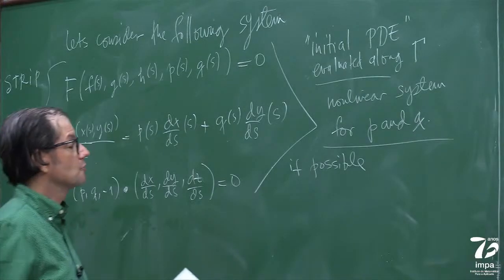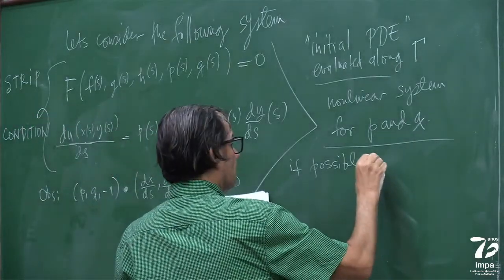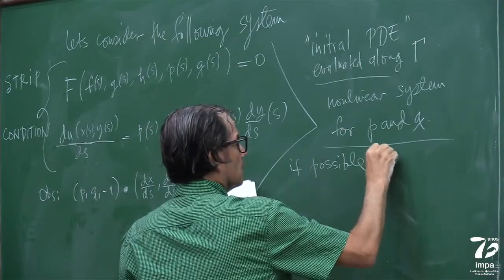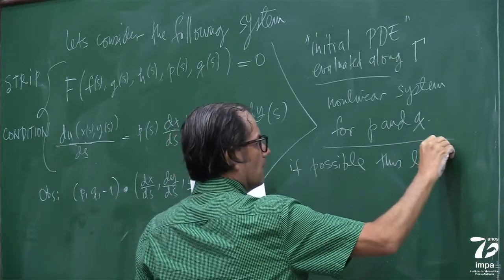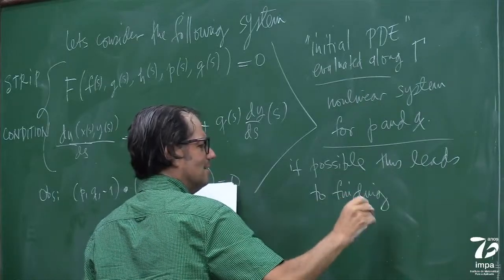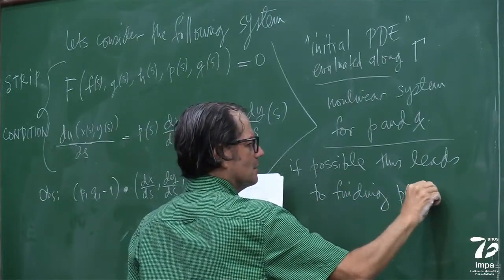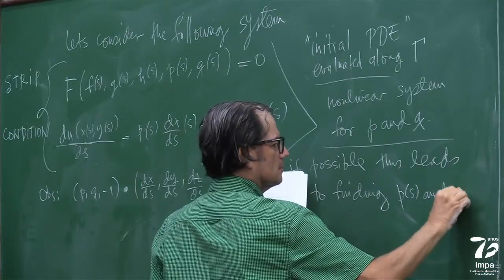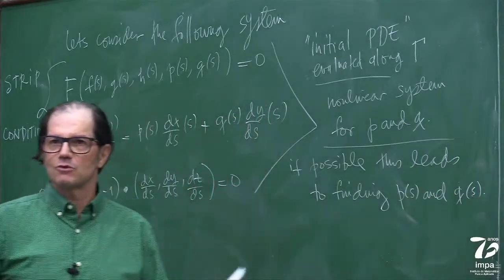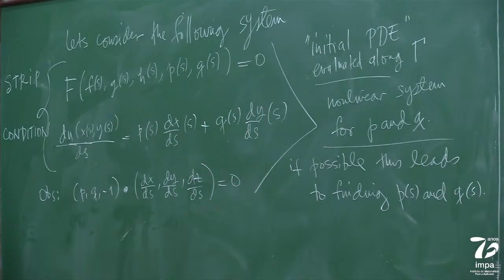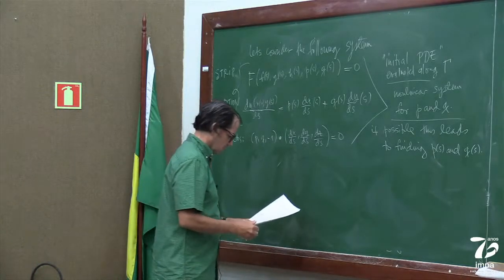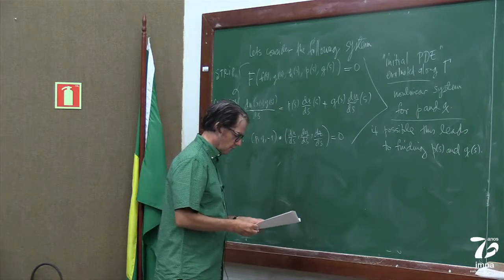So if possible, this leads to finding P of S and Q of S. We'll see concrete problems where we have to do that. And one is actually when we get to the Eikonal equation and so on, which is quite fun and related to waves.